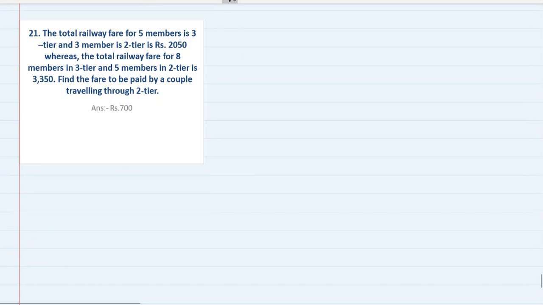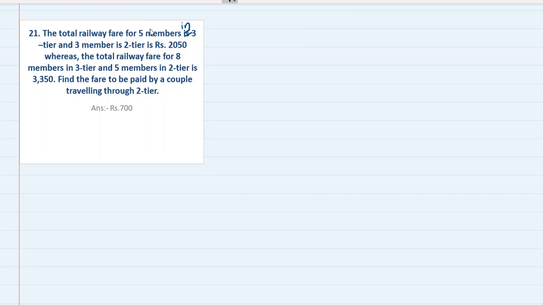This question says that the total railway fare for 5 members in 3 tier and 3 members in 2 tier... Prepositions, man.